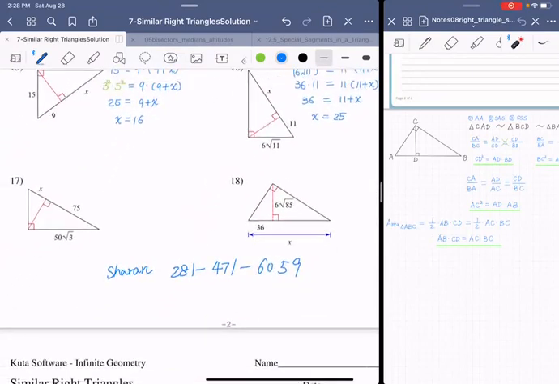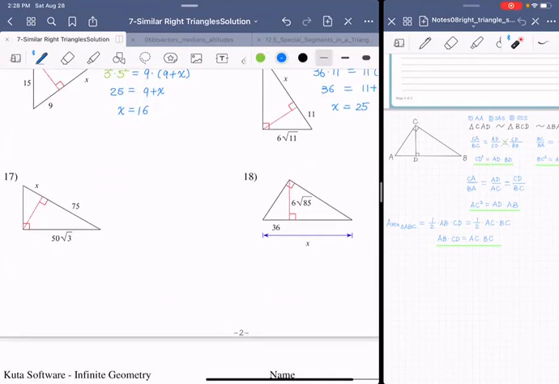Next one, number 17. Branson, go ahead. 50 times square root of 3 squared equals 75 times 75 plus x.